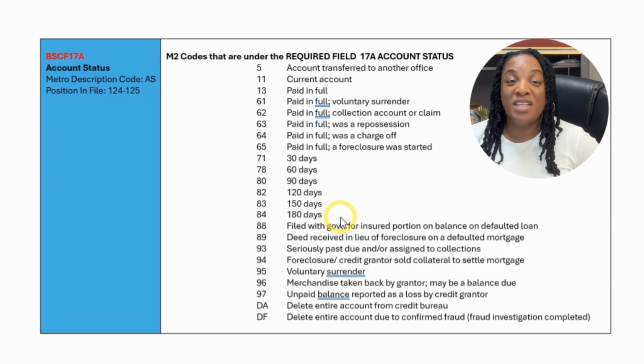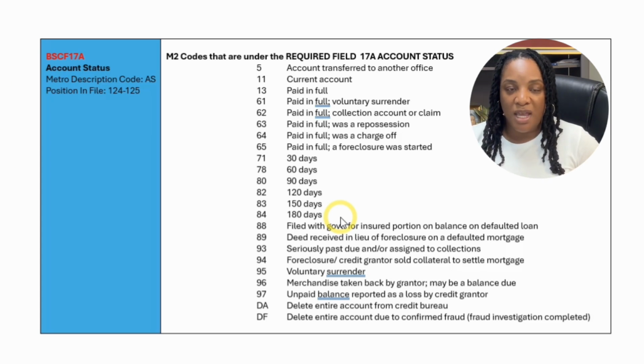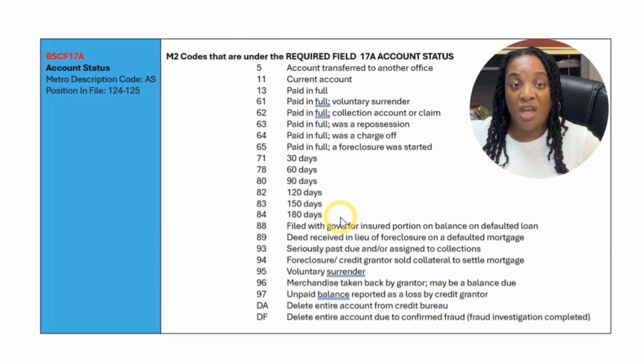Instead of saying, you're saying I'm 30 days late on this, or 2 times 30 days late from January all the way till February, you're just going to use the codes. You're not going to say I'm disputing this 30 day late. You're going to say you're disputing code 71 for January 2024, if that makes sense.